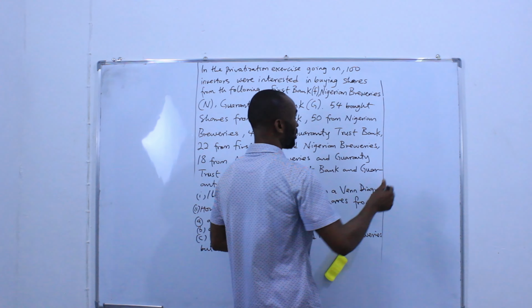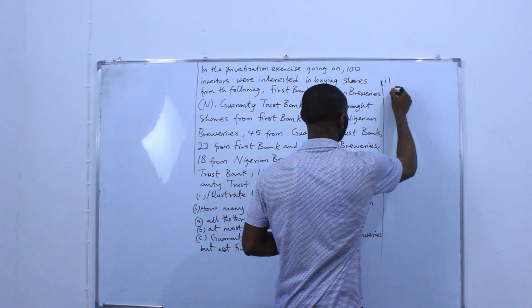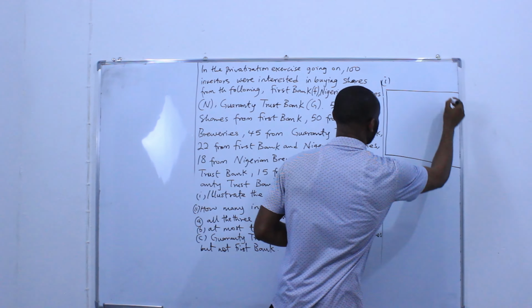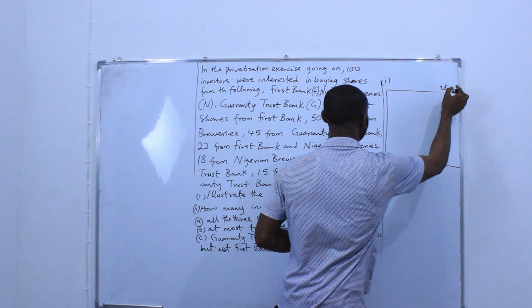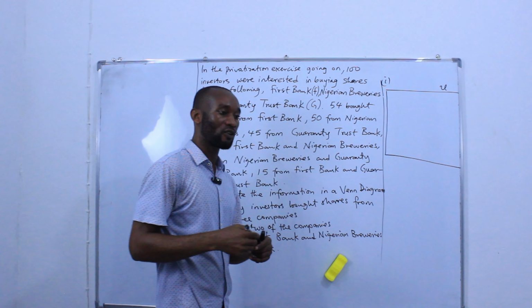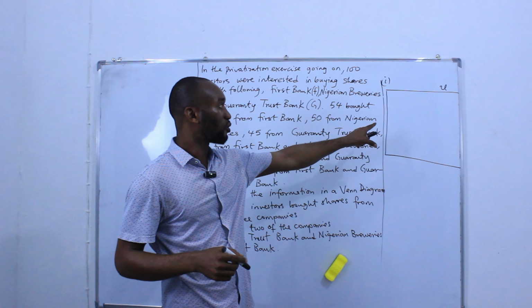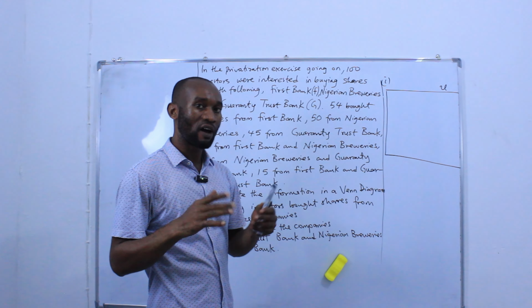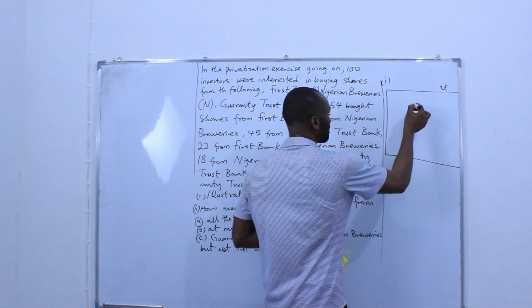The Venn diagram for a three-set problem will look like this. This is the universal set. The block, the rectangle, represents the universal set. Then we have three sets overlapping each other. We have the three sets.